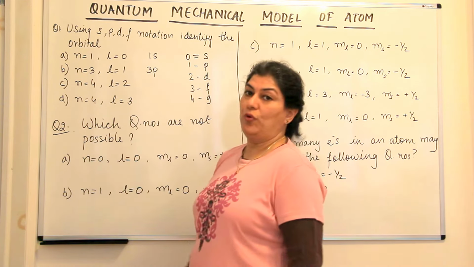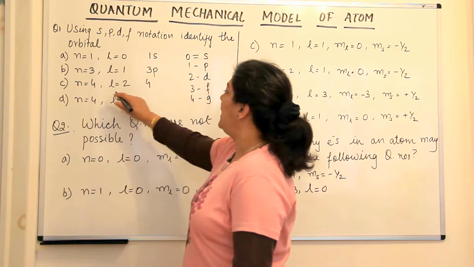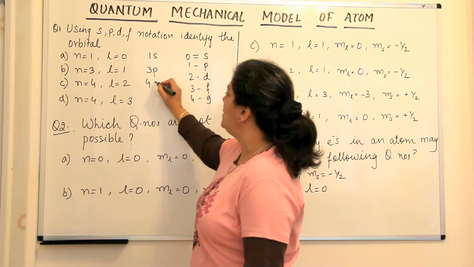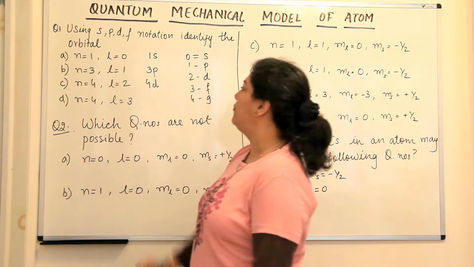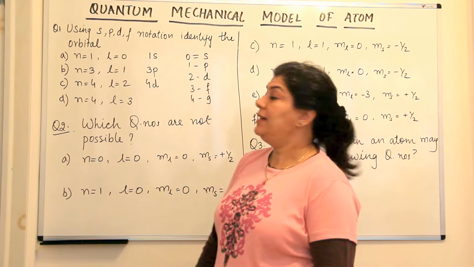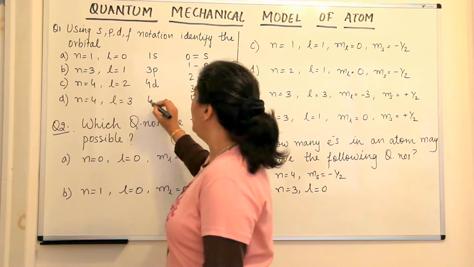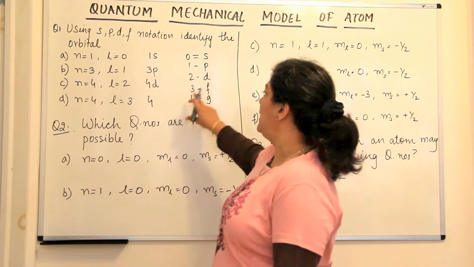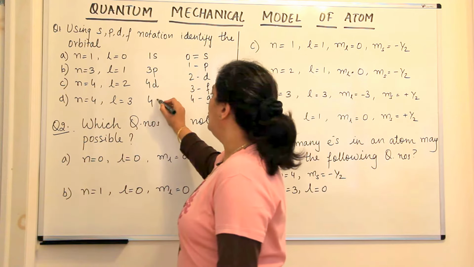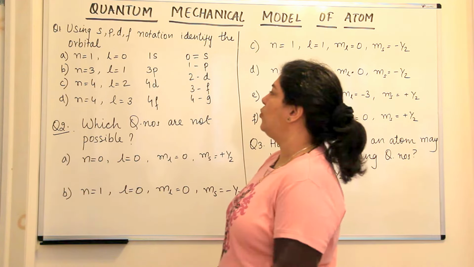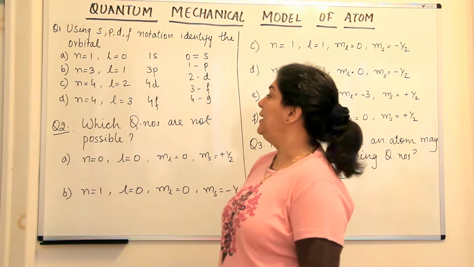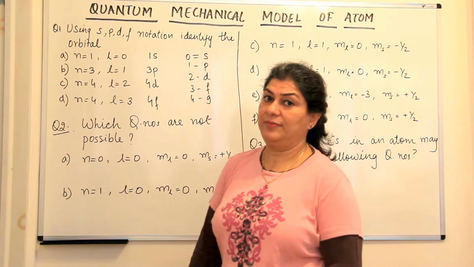N is equal to 4, it means it's the fourth shell, and L is 2, 2 means it's a d orbital, so it would be a 4d orbital. N is 4, again it's the fourth shell, and L is 3, it means it's an f orbital. So the orbitals are 1s, 3p, 4d and 4f.